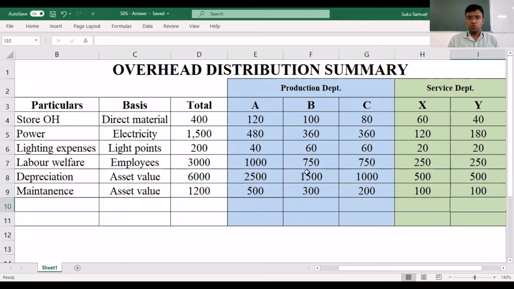So this is how we would be reapportioning the maintenance cost as well.